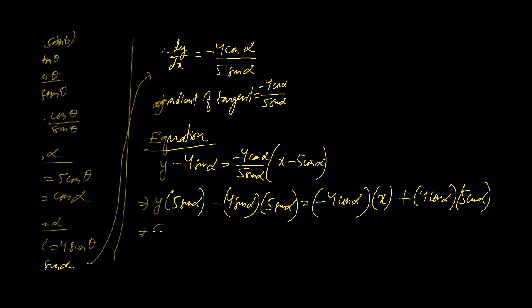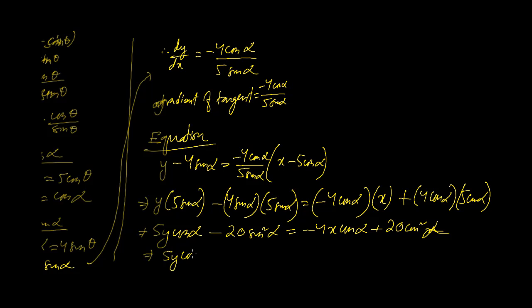Let's simplify this. This would be 5y sine alpha minus 5 times 4 is 20, this would be sine square alpha. This would be minus 4x cos alpha, this would be 20 cos square alpha. If I bring this to this side, this would be plus 4x cos alpha, and this would be 20 sine square alpha plus 20 cos square alpha.